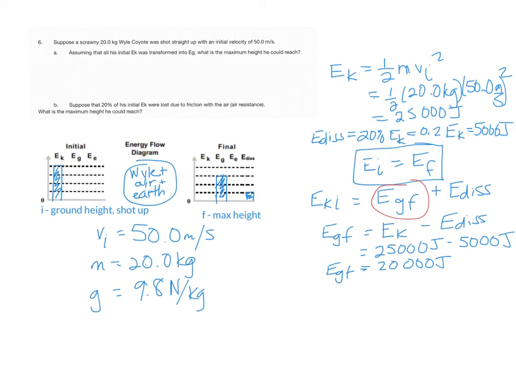I also know that gravitational potential energy is equal to mass times the gravitational field strength times that final height. If I want to solve for that final height, I can divide both sides by mg.